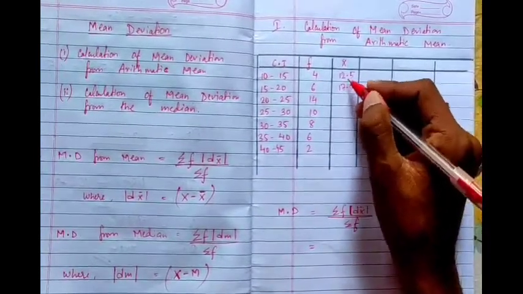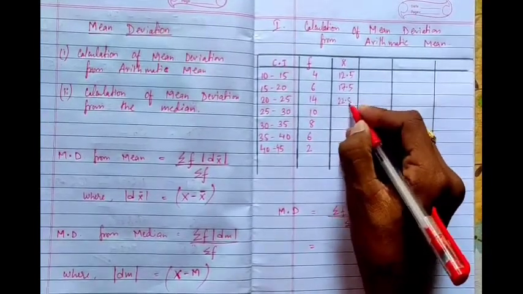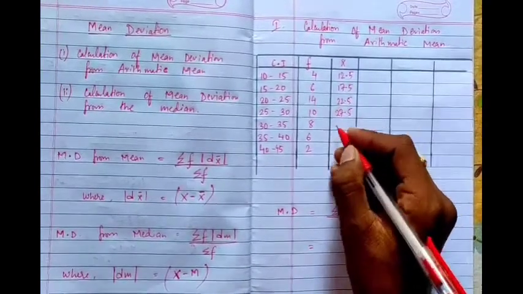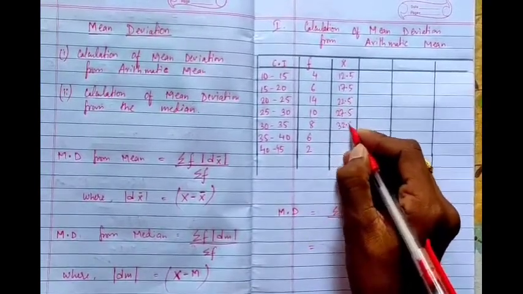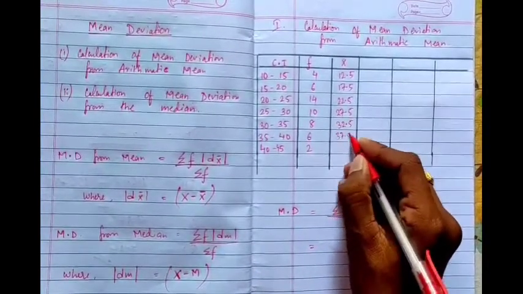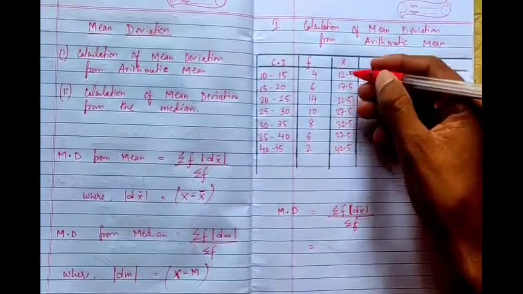So the difference between them is 5. So we can easily calculate now: 22.5, then 27.5, then 32.5, then 37.5 and 42.5. So we got x now.